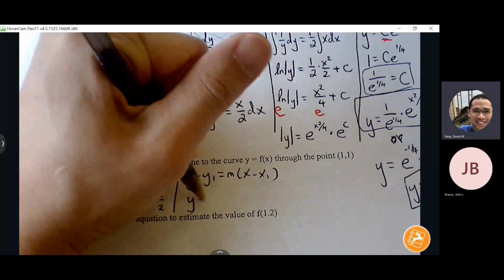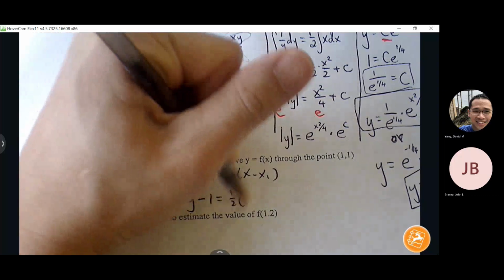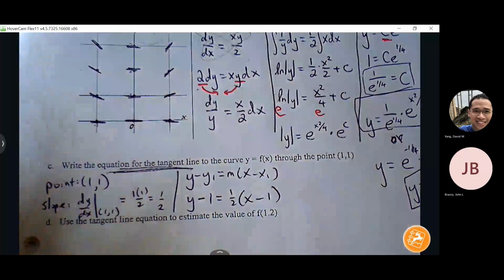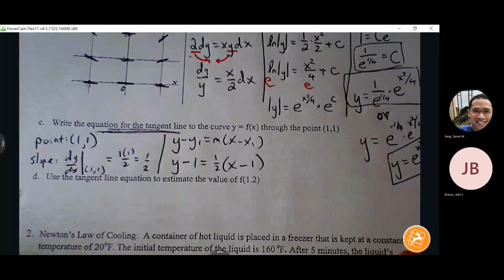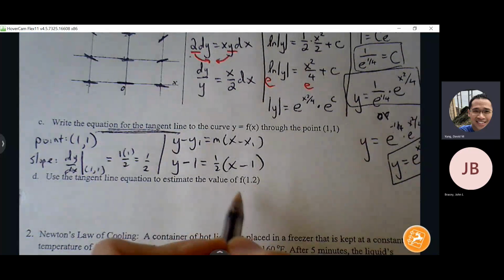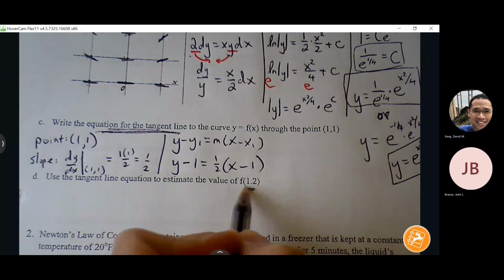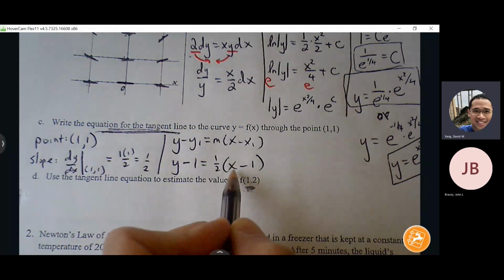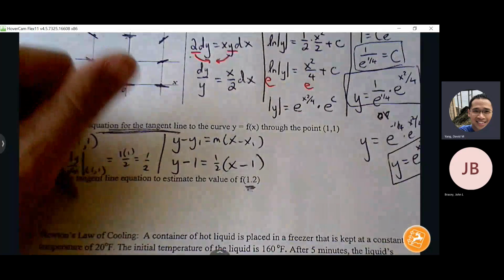Tangent line equation. So now that I have my tangent line equation, I can insert the 1.2 in for x to get the linear approximation.